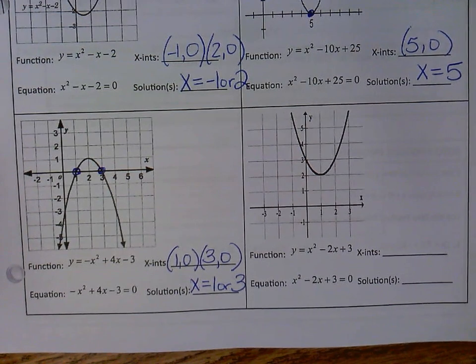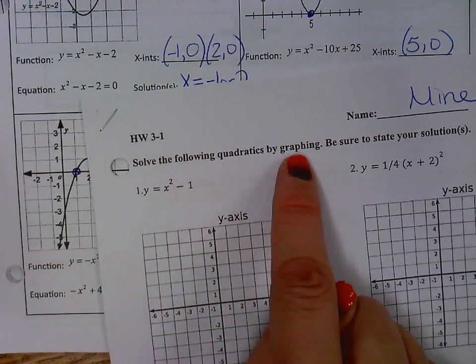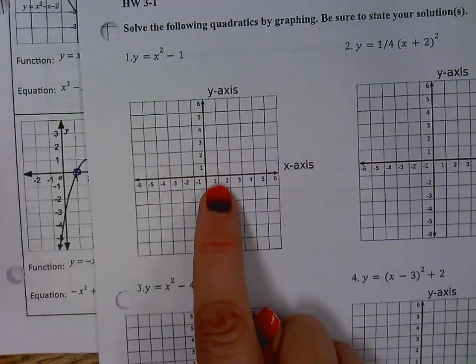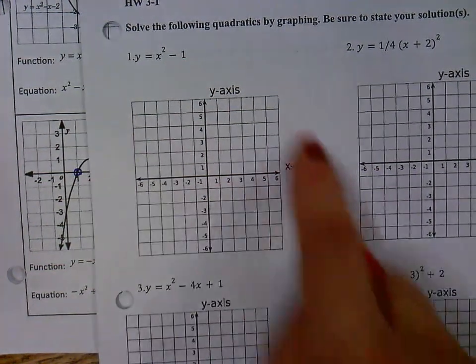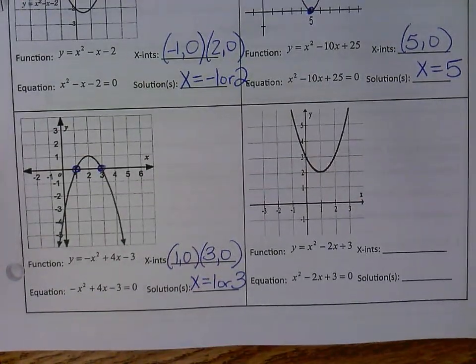So tonight on your homework, the directions say, solve the following quadratics by graphing. Be sure to state your solution, right? So if you get that your x-intercept is at like 1 and 5, right here you want to write x equals 1 or 5 to get in the habit of writing your solution. What happened on the last one on this?